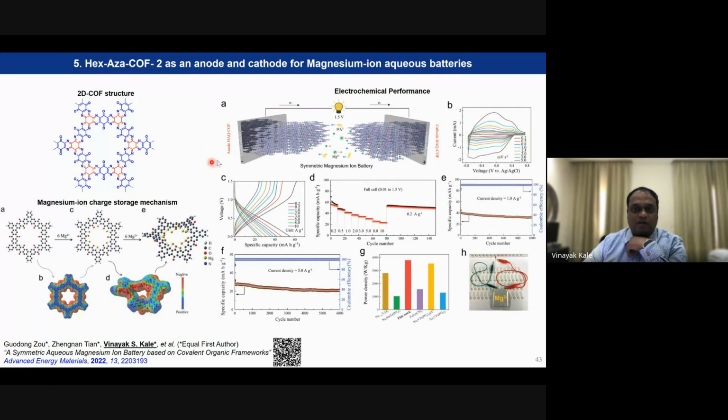Surprisingly, this COF in magnesium ion battery works in both windows, and we could assemble this symmetric battery, and we demonstrated successfully the device with this magnesium ion battery, which shows very good cycling performance and electrochemical properties with the rate capability. In 2022, we reported this work.